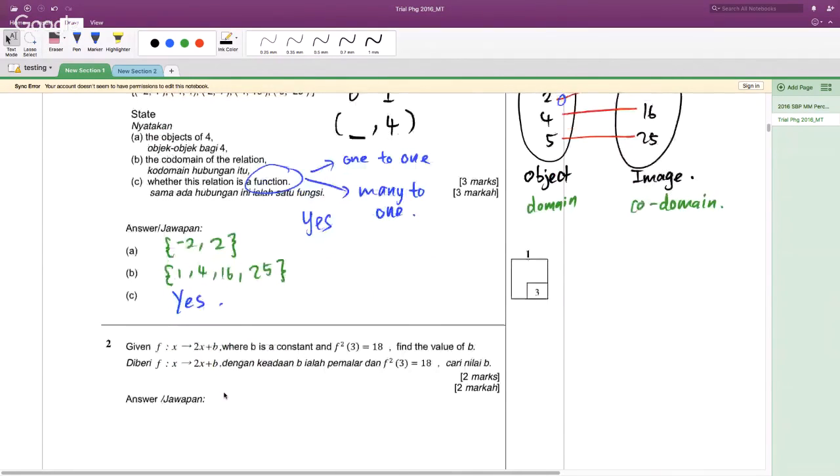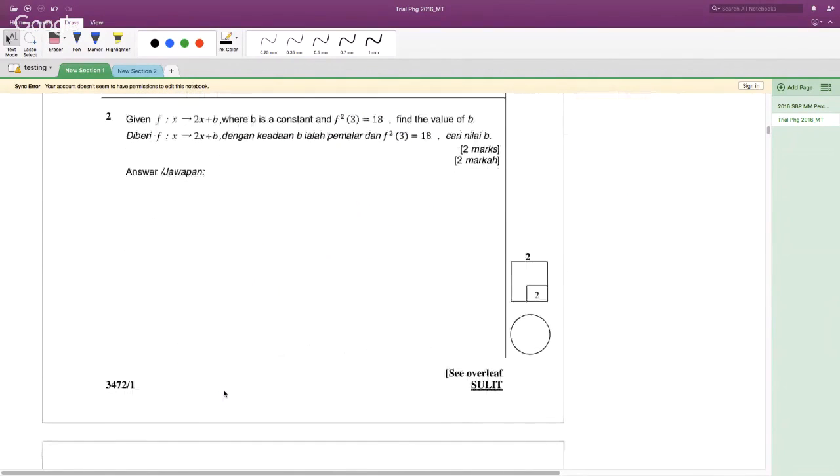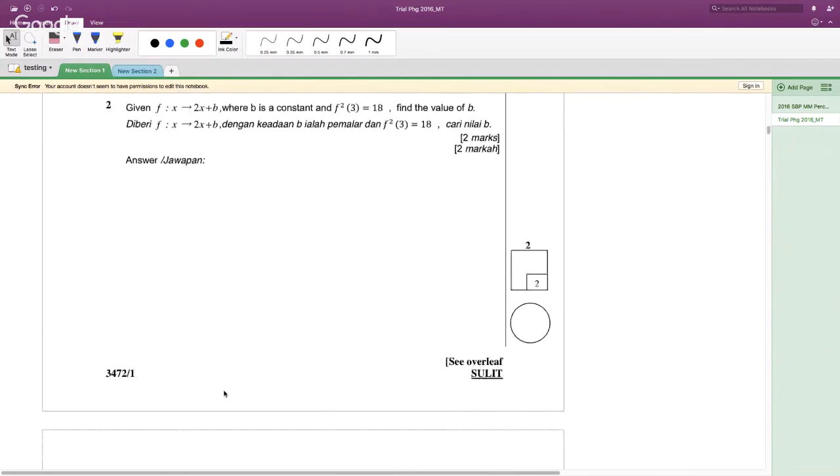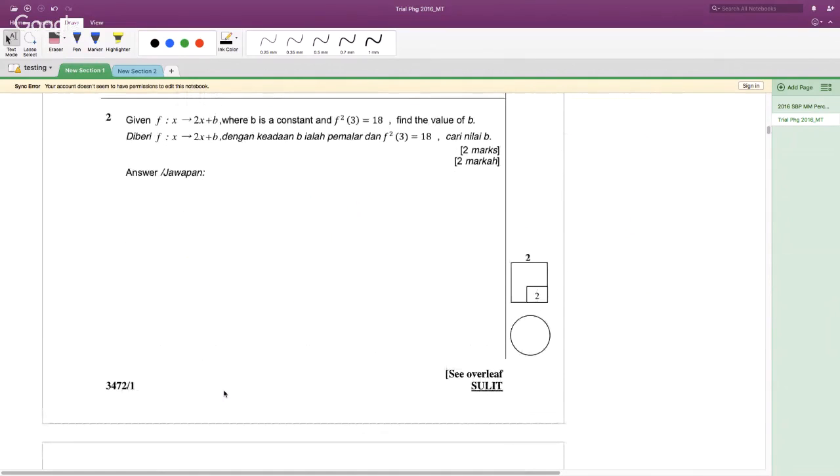Okay, so let's move on to question number 2. Yeah, this is a function question, and I guess it's very easy. You just need to understand that f squared here basically means ff. So ff(3) equals 18.